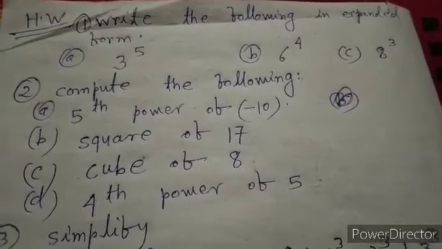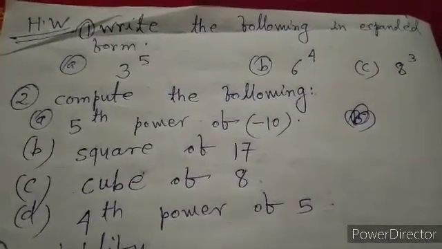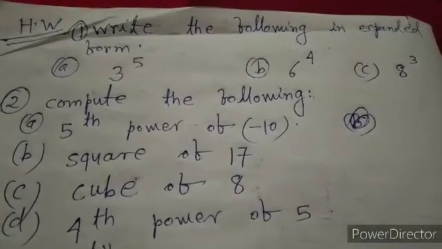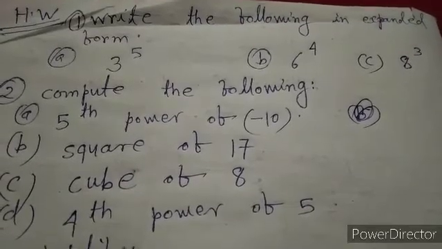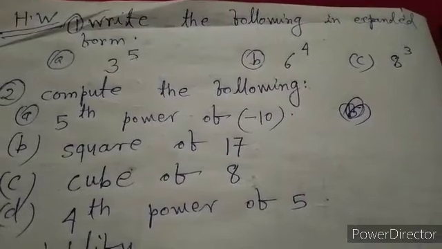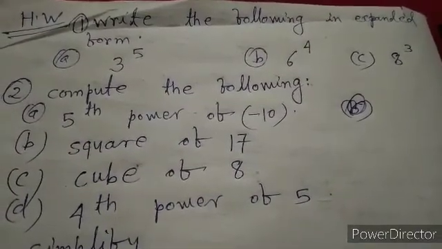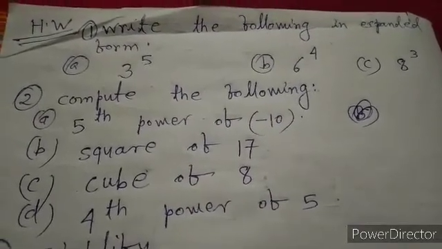Now I give you some problems to solve at home. In question 1, write the following in expanded form: A 3 to the power 5, B 6 to the power 4, C 8 cube. Question 2, compute the following: A fifth power of minus 10, B square of 17, C cube of 8, D fourth power of 5.